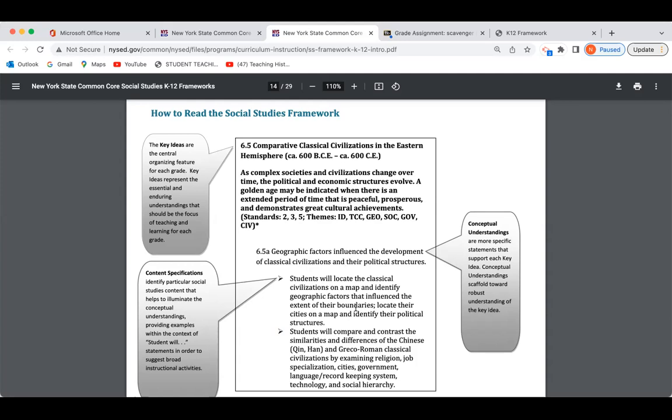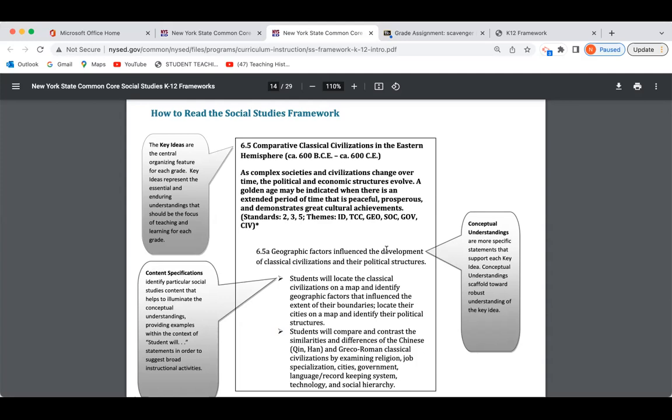So my students and I are looking on a day-to-day basis at the content specifications, where we start off with the key idea, bring the focus in a little bit on the conceptual understandings.